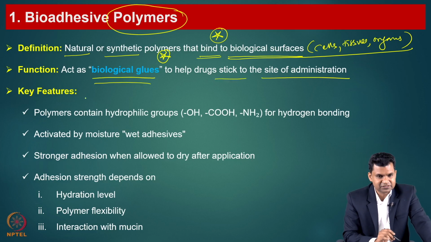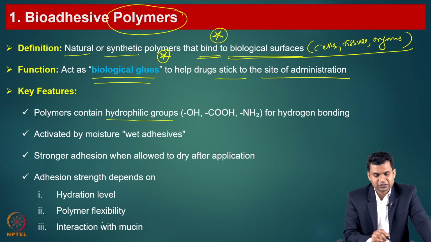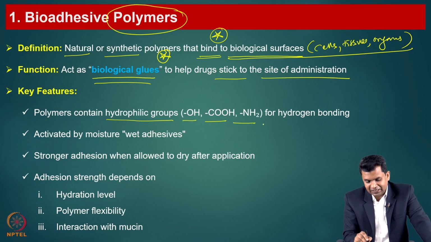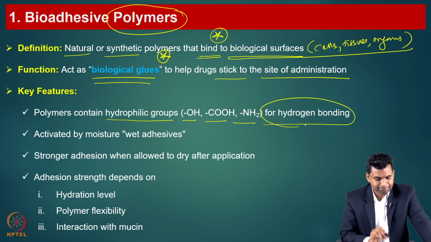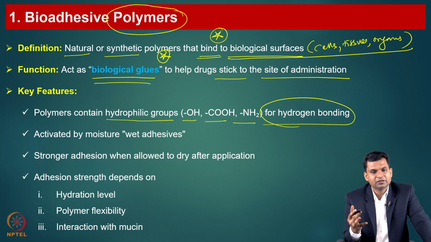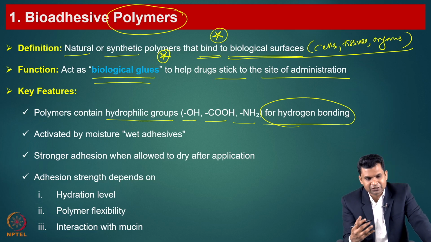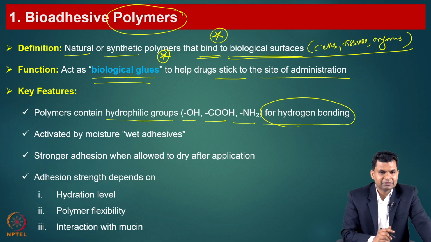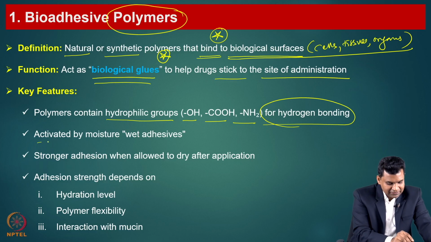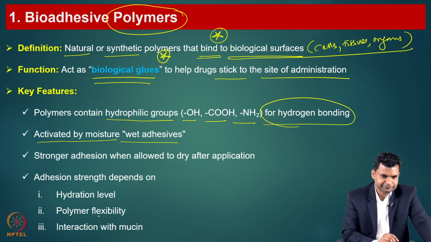What are the key features? Your polymer should contain hydrophilic groups, which are OH, COOH and NH2, that will help with hydrogen bonding. Your polymer should contain functional groups involved in water uptake, activated by moisture, which is called wet adhesives.